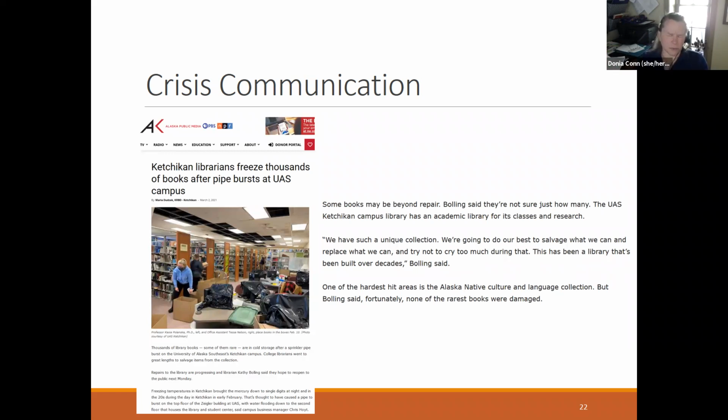So why we write some of these ahead of time is then you're prepared in the event of a disaster and you don't have to think about what to write in the heat of the moment. But also, depending on the institution that you work for, if you are a subsidiary of a larger institution, so you are a museum that's part of a university, or you're a state entity, a lot of times any sort of statements that go to the media need to be passed through a legal counsel.